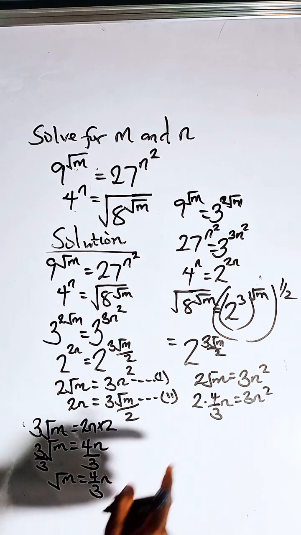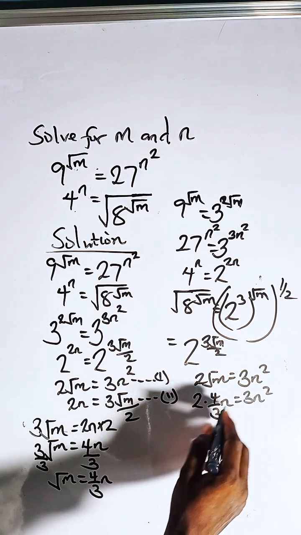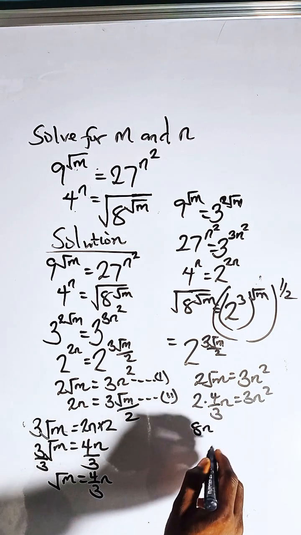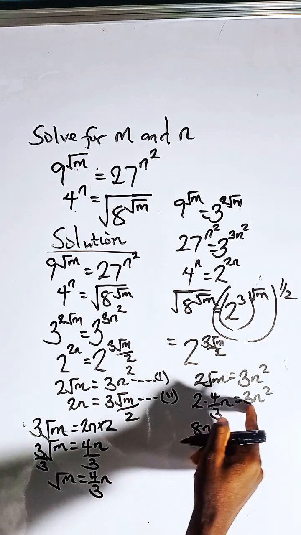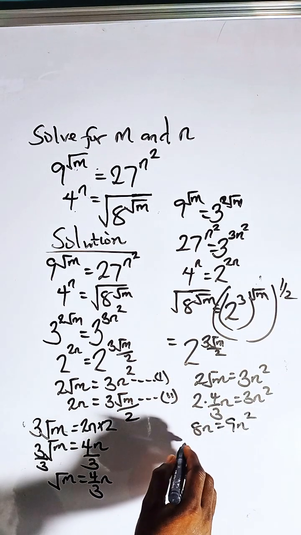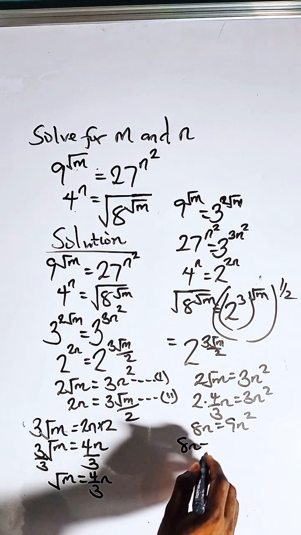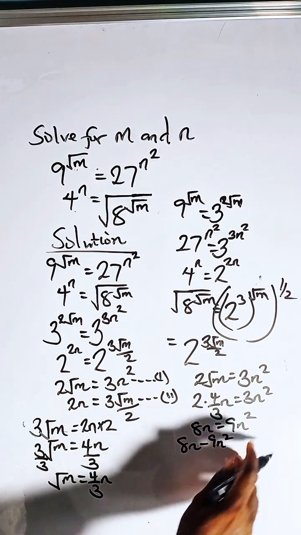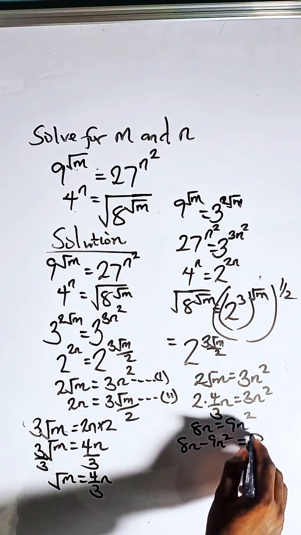Multiplying this, we have 8n equals 9n squared. So we have 8n minus 9n squared equals 0.